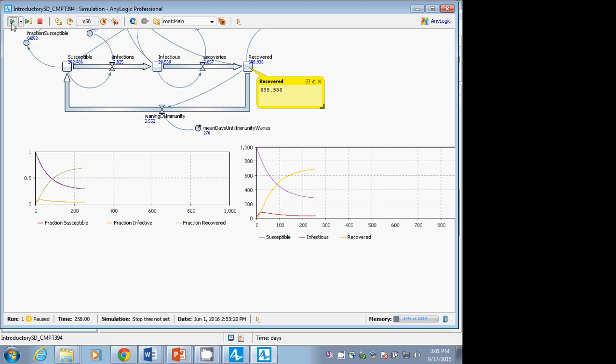But the maximum number who are infective is actually occurring much earlier, maybe time 10 or 20, something like that, time 20 versus time 100. Why is it that those are not occurring at the same time? After all, wouldn't you think that the net flow into infectious might be highest at this point?